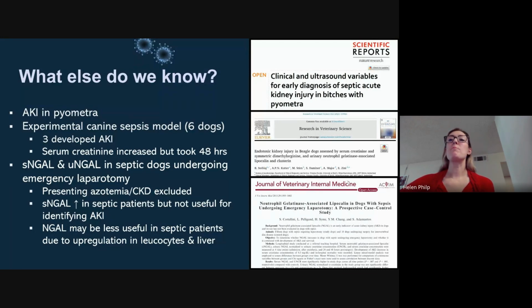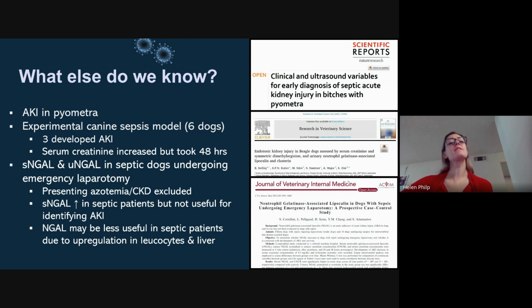And then this third paper at the bottom is out of RVC from 2015. And this was looking at dogs with sepsis undergoing emergency laparotomy. And this was a prospective case control study, and they followed serum NGAL and urine NGAL as well. And they excluded all patients with presenting azotemia or CKD.